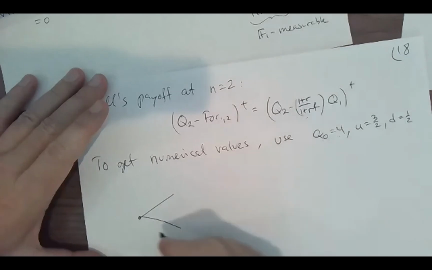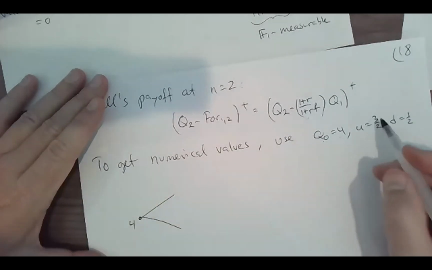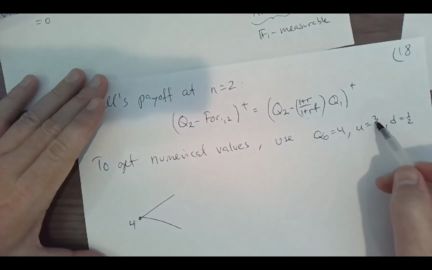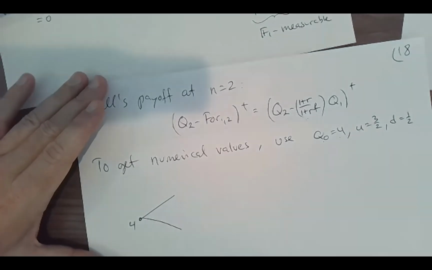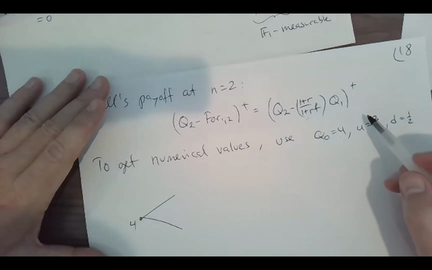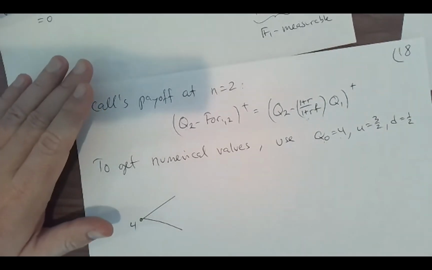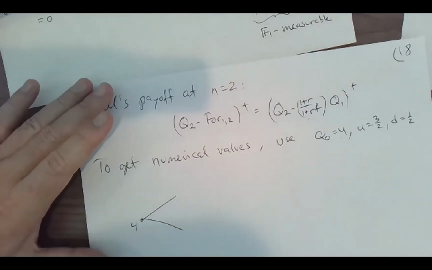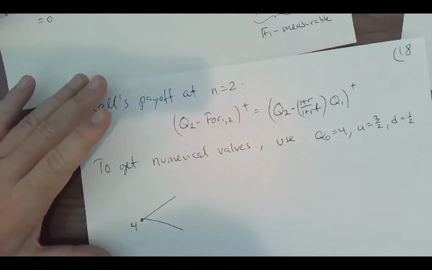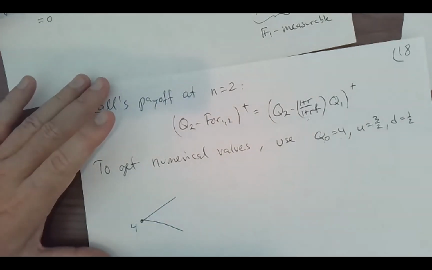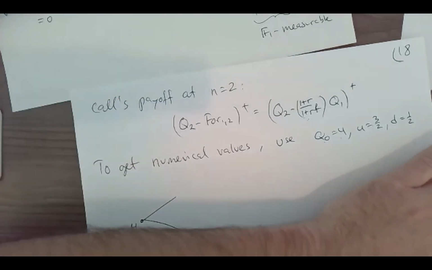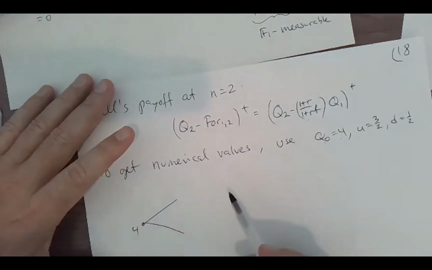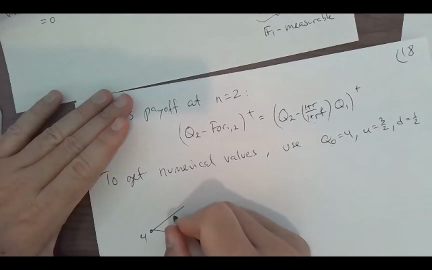So it goes from 4 up to 4 times 3 divided by 2. Just make sure I didn't mess up my values here. I did it right.